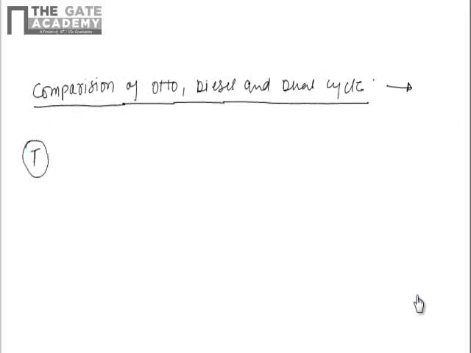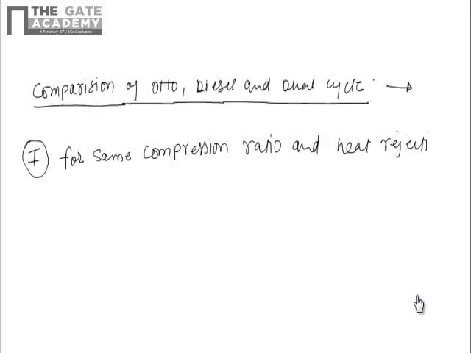So first, for the same compression ratio and heat rejection, we can say the efficiency of Otto is greater than the efficiency of dual, which is greater than the efficiency of diesel.